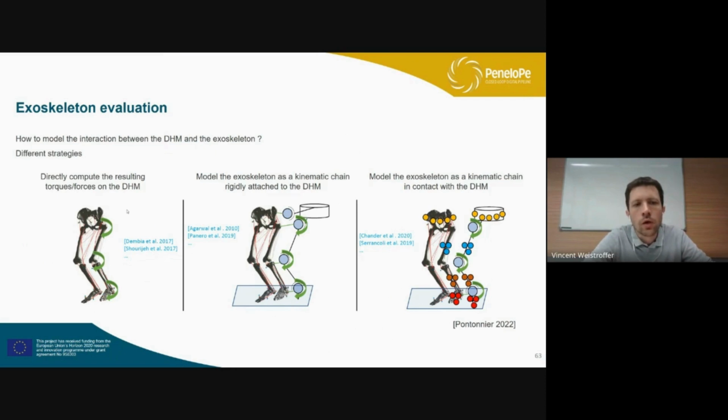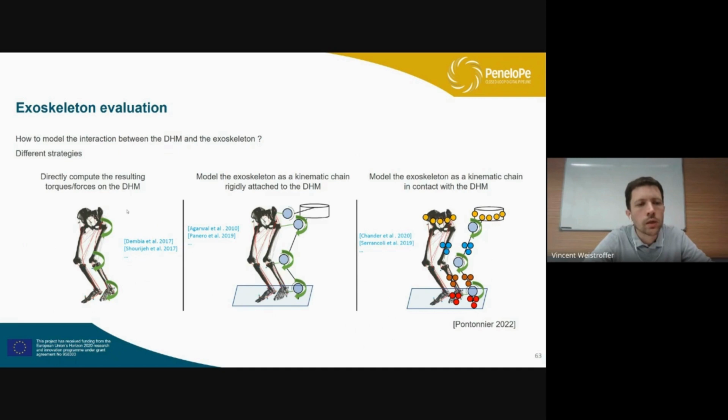On the other side, you have your exoskeleton that is applying forces to the digital human model. And the question is, how do you model the interaction between the two systems? This is not an easy question, and you have different strategies to answer it.